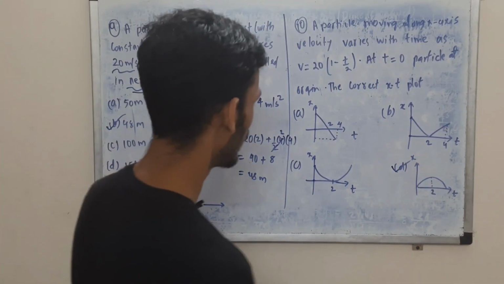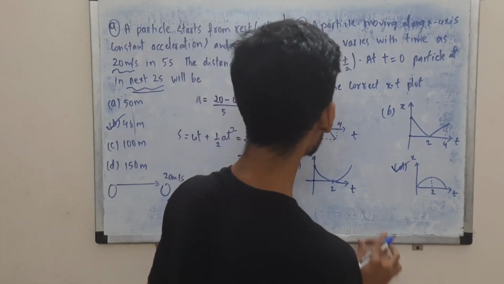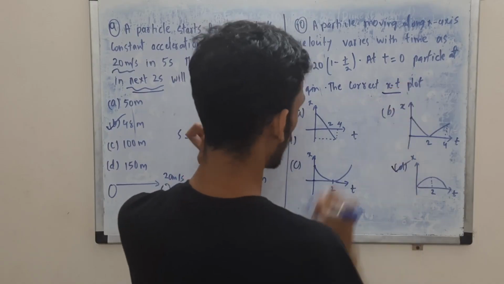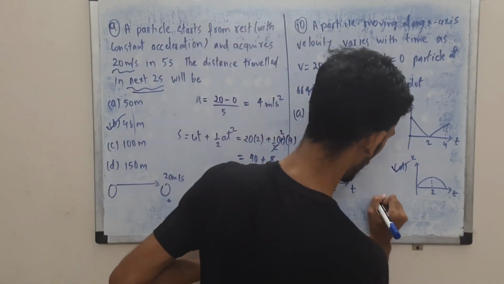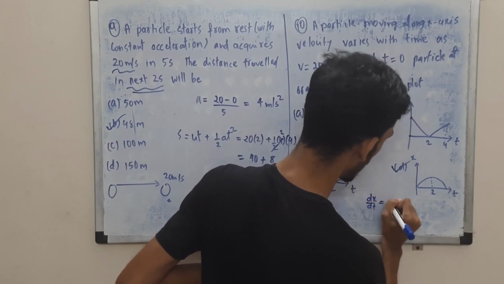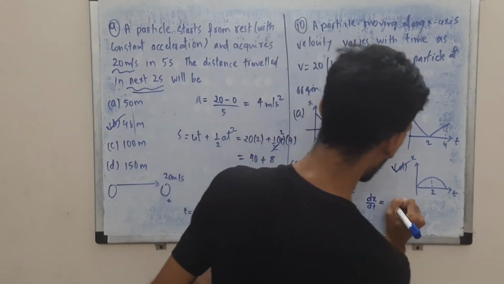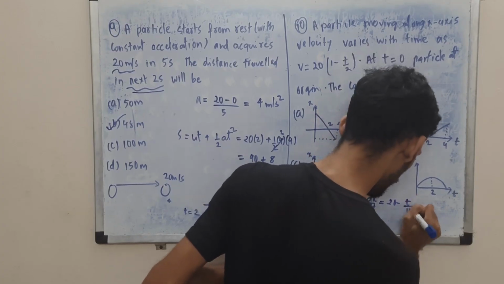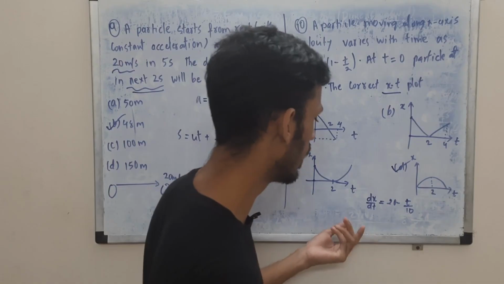Or let's do it the way we are supposed to do it. Velocity is given as 20 minus t by 10, and we are supposed to find the x-t plot, so it's a question from graphs. v is equal to dx by dt, so I'll open it up. Now just integrate it for x.